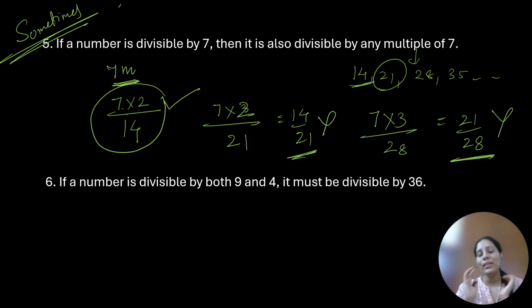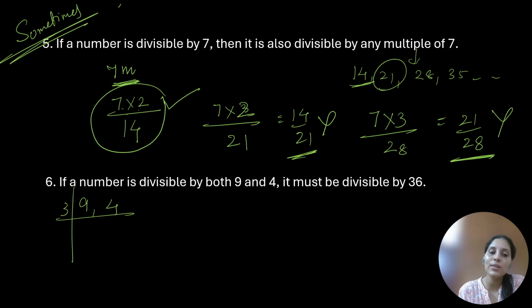Understood? Next one. Now these two statements I want you to listen very, very carefully. If a number is divisible by both 9 and 4, it must be divisible by 36. Okay, both 9 and 4 divisible. Let me take the LCM.